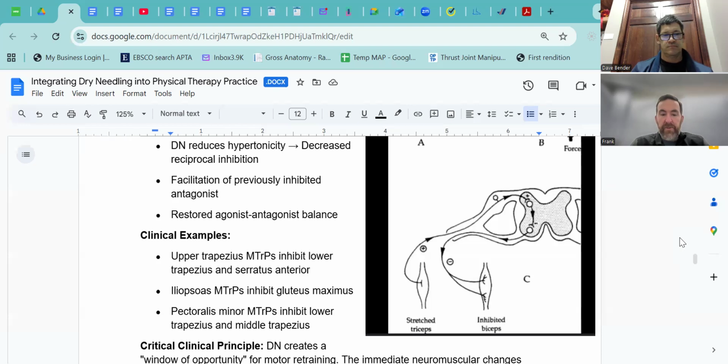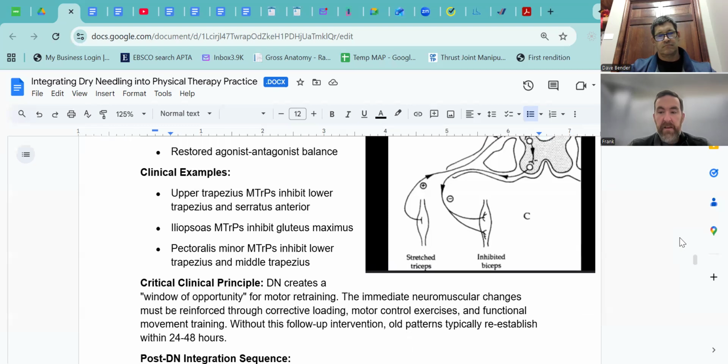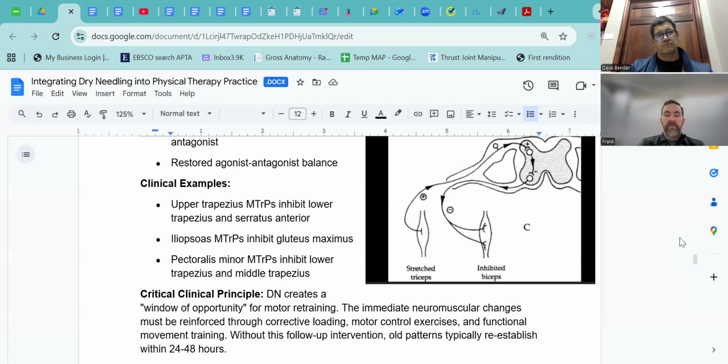A couple other examples would be an upper trapezius trigger point, which inhibits lower trap and serratus anterior, as you mentioned before, Dave. Iliopsoas, we see commonly inhibiting the gluteus maximus. If the hip flexor has increased tone and contraction, the glute max is going to be reciprocally inhibited.